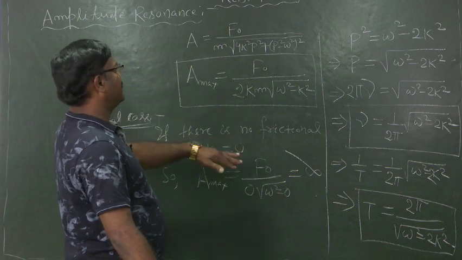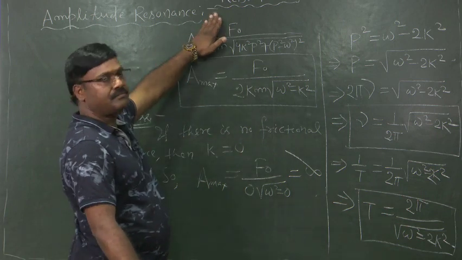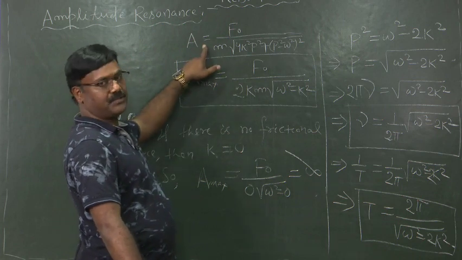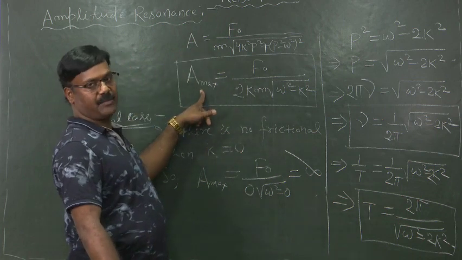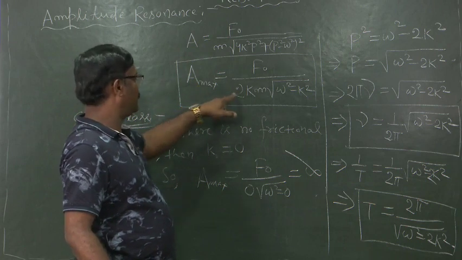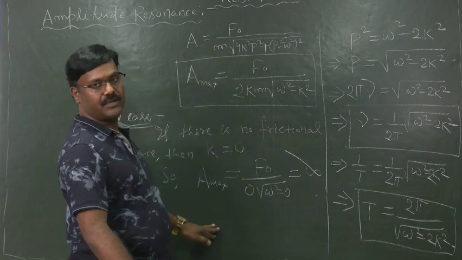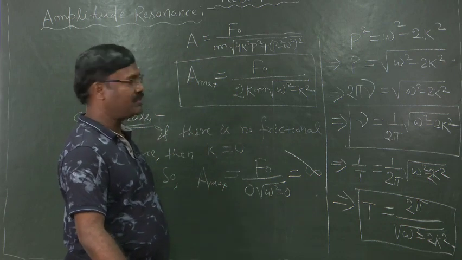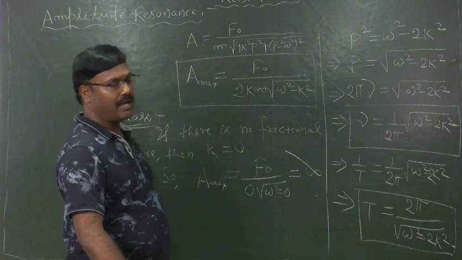We have discussed resonance, amplitude of resonance, the expression for amplitude, and the expression for maximum amplitude, that means amplitude at resonance, from which we came to know that ideally the amplitude becomes infinity at resonance, but this situation never happens.